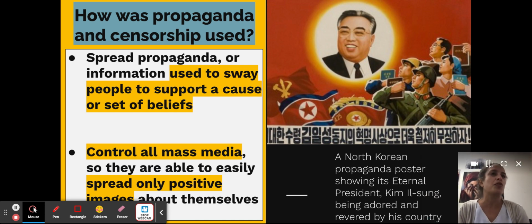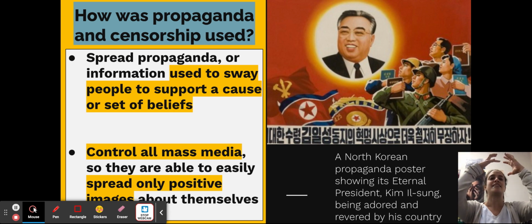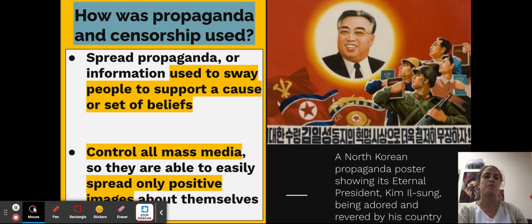Okay, this is a North Korean propaganda poster showing its eternal president, Kim Il-sung. As you can see, he is being adored and revered by his country. You see his face up in like the sun, and the soldiers and the people are looking up to him as he is the best. And this is one of the posters that has been seen in North Korea.